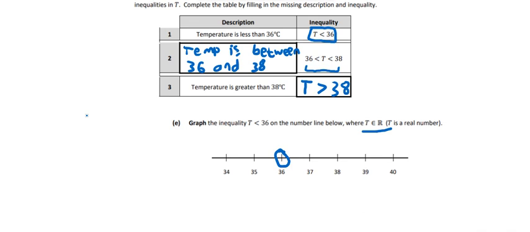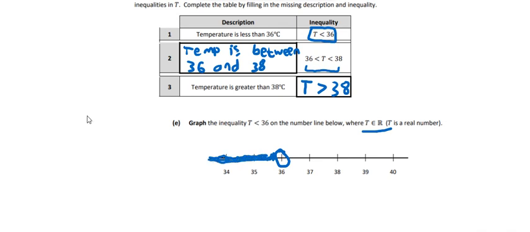So we're looking at the 35 and the 34. It could be 35 and it could be 34. But because T is an element of the reals, it could be anything in between here too. So it could be 35.5, or 34.1, or 34.372, or anything. So what we have to do is shade in everything from the circle. So we have to make a bold line there, or just shade it in.